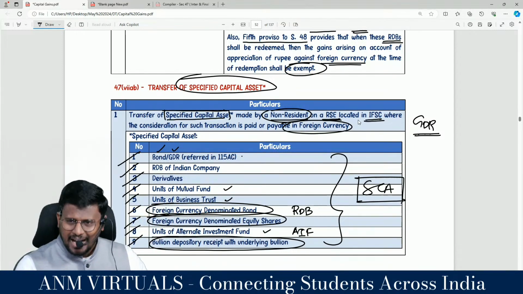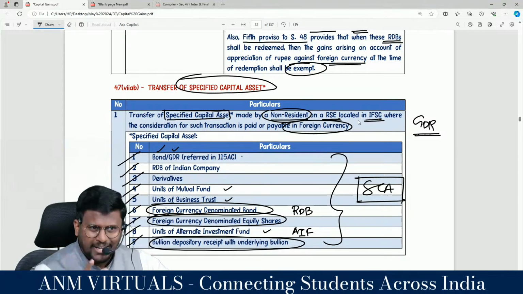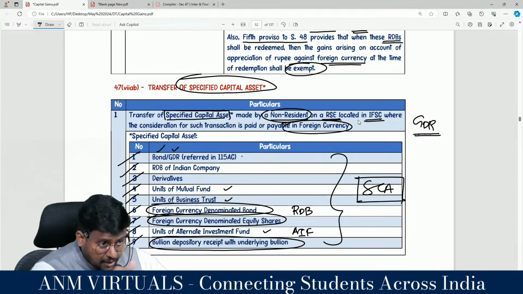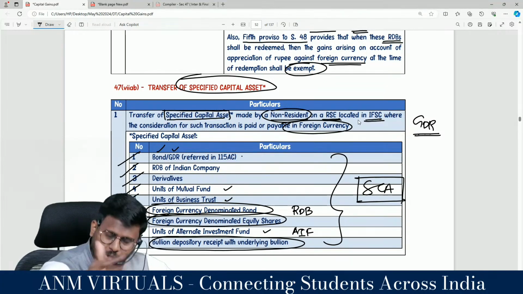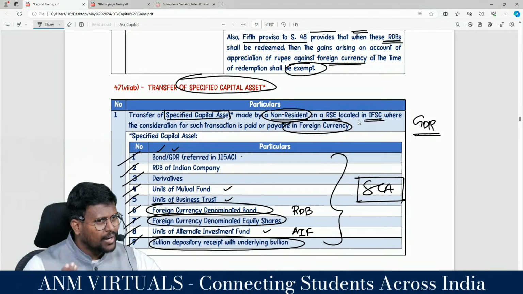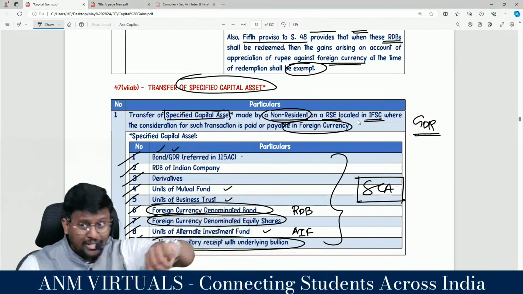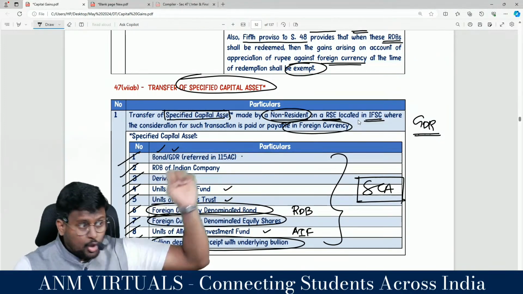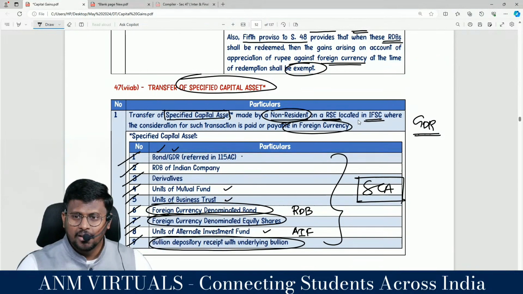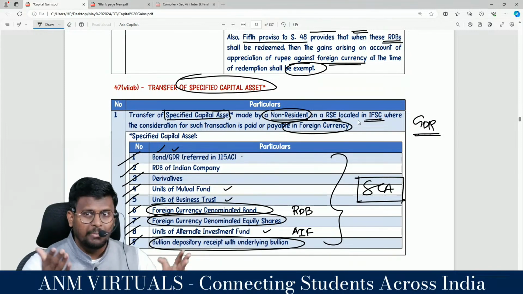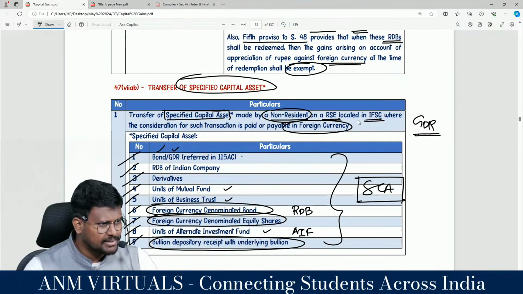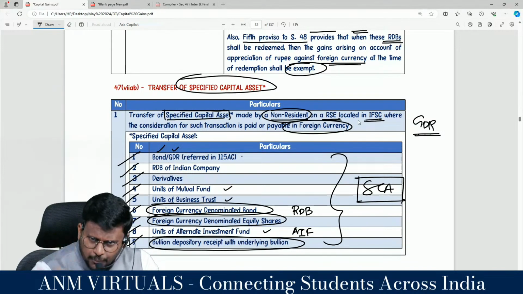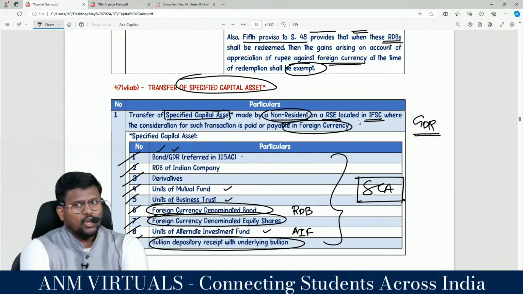That first non-resident will enjoy 20 rupees of capital gain. Government is saying that we don't want tax on that. You enjoy. We don't want tax because you gave us foreign currency. You invested in India. You supported our company, our concern. You are making the Make in India concept live. So we are making it tax free for the non-resident.